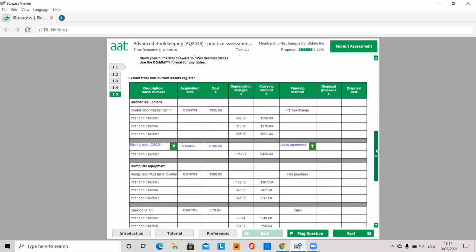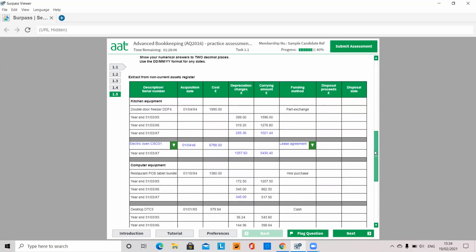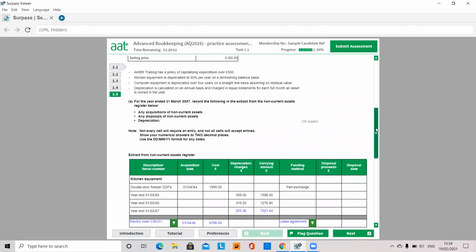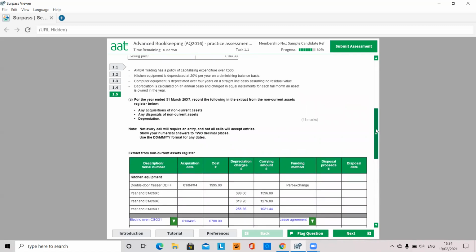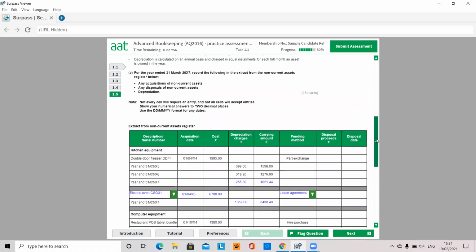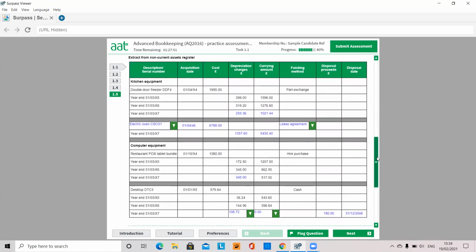We've now got computer equipment, and the computer equipment is done on the, is it diminishing balance? Yeah, so it's depreciated over 4 years on a straight line basis. So basically we divide it by 4 to work out the depreciation charge. But again, notice when it was purchased.